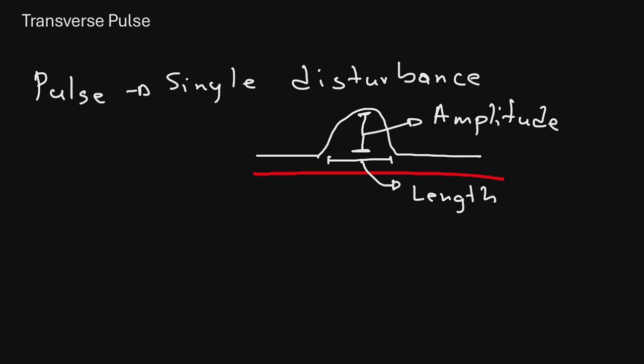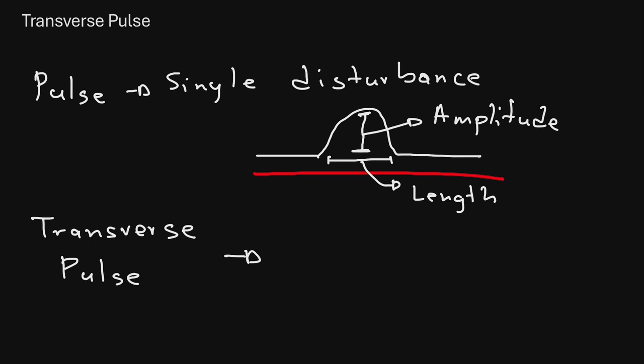Now, a transverse pulse is the very same pulse, but now we start to define the movement of the particles of this pulse. A transverse pulse is a pulse through which the particles of the material move perpendicular to the direction of the pulse.